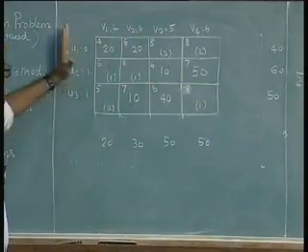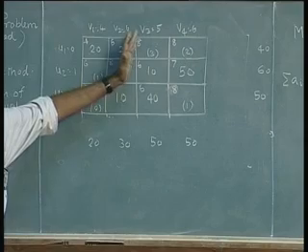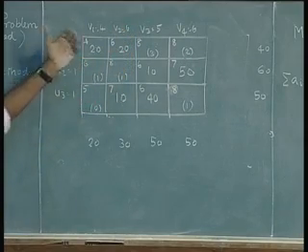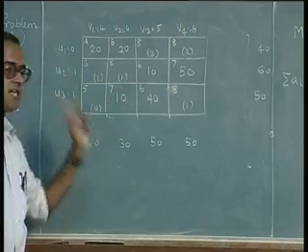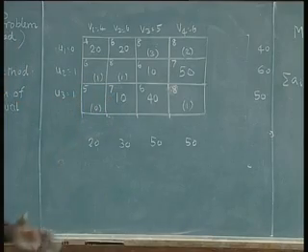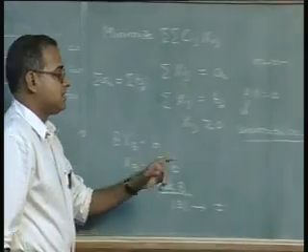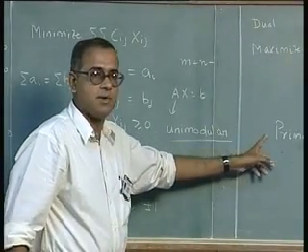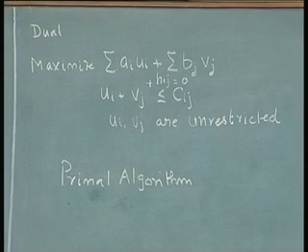We evaluated the dual at every stage after satisfying the complementary slackness, and when the dual is feasible, which means when all the Cij minus ui minus vj are greater than or equal to 0, we got the optimum. So like simplex, the transportation algorithm is also an example of a primal algorithm. Dual simplex is an example of a dual algorithm.